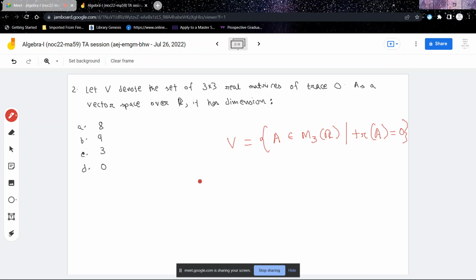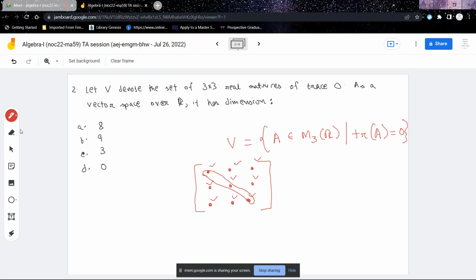What you can do is look at any particular such matrix. You have entries here, here, here, here, here. You are allowed to choose these elements independently, just that you have an added condition that the 3 entries on the main diagonal, when added, should give you 0.